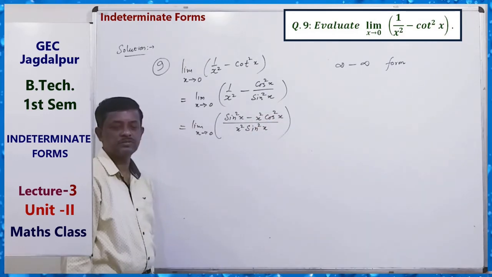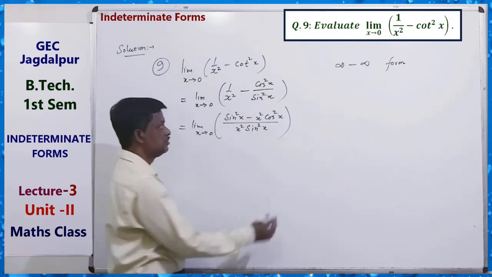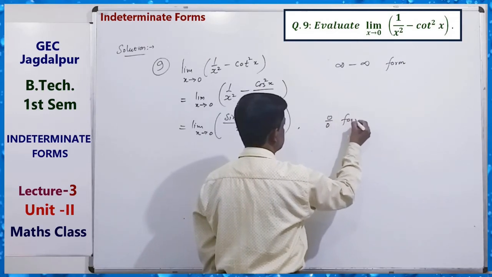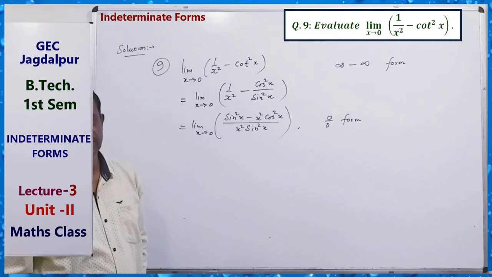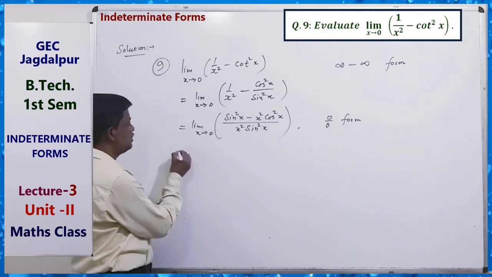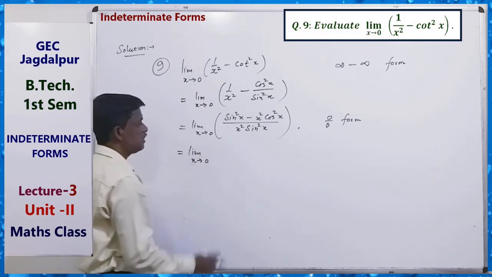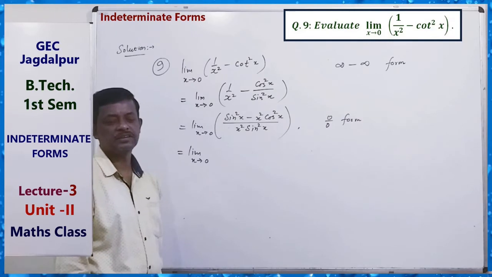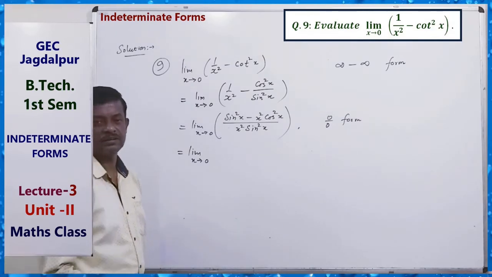x tending to 0. That is 0 by 0 form also. What is the form? 0 by 0 form. Okay. 0 by 0 form. For solving this, whenever we see that here tan x or sin x, we can convert it into tan x by x or sin x by x, whose limit is 1.